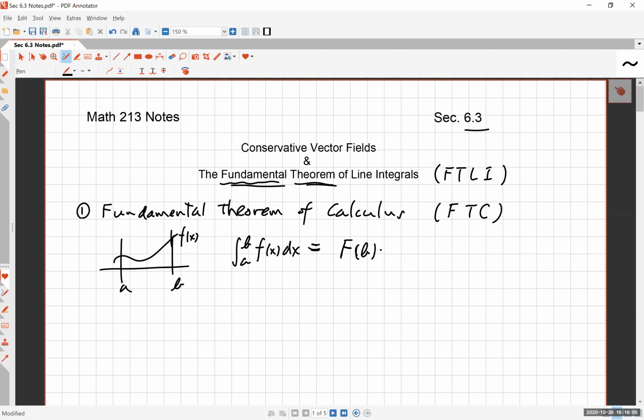by finding a function whose derivative is this lowercase f. Now, we call this capital F, and we say capital F is an antiderivative. Okay, and in fact, you can use any antiderivative. Usually the antiderivatives are with plus c, and of course, the plus c will disappear when you do the subtraction. So you pick any antiderivative, capital F, of the function lowercase f, and then we calculate the definite integral this way.